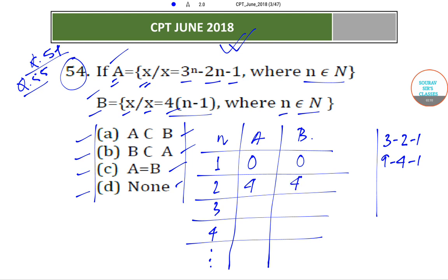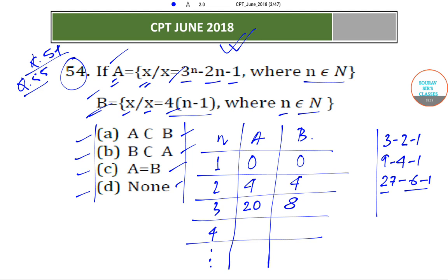Now we'll put n equal to 3. n equal to 3 in set A will give us 3 cube, which is 27, minus 6 minus 1. So we'll have 27 minus 7, that will be 20 over here. And if we put n equal to 3 in set B, then we have 4 into 3 minus 1, that is 4 into 2, that will be 8.